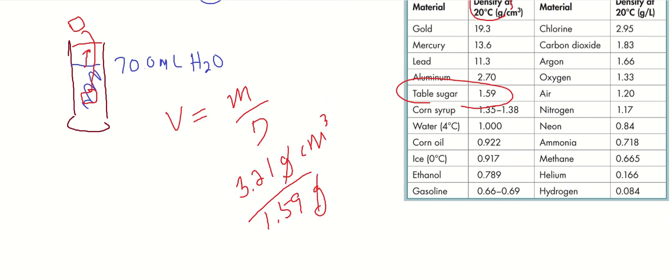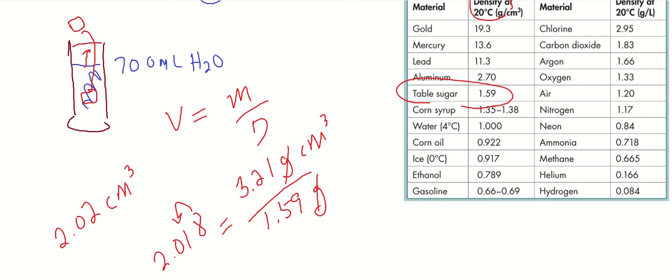The grams are going to cancel out, and we're going to be left with volume. 3.21 divided by 1.59 gives us 2.018. That 8 is going to round our last digit up. The volume is going to be 2.02 cubic centimeters for the sugar.